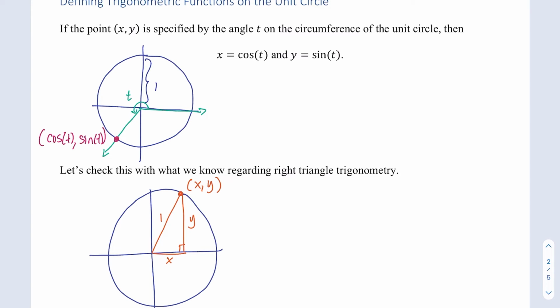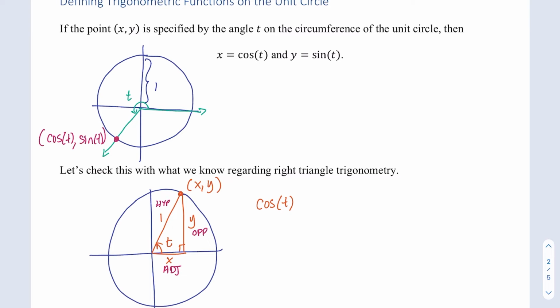If this angle, starting in standard position, we'll call t, just to match what we have above, then let's use right triangle trig to see what we have. Let's mark our sides. In reference to the angle t, this would be the adjacent side, this is the opposite side to angle t, and of course the hypotenuse is always just the hypotenuse.